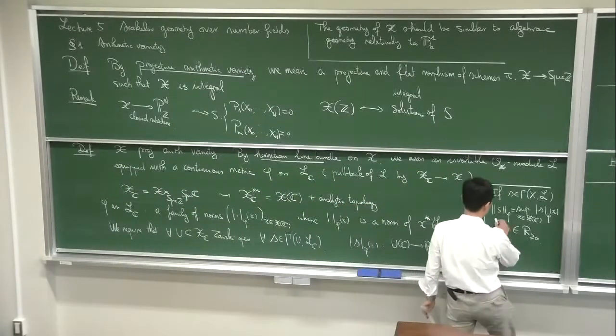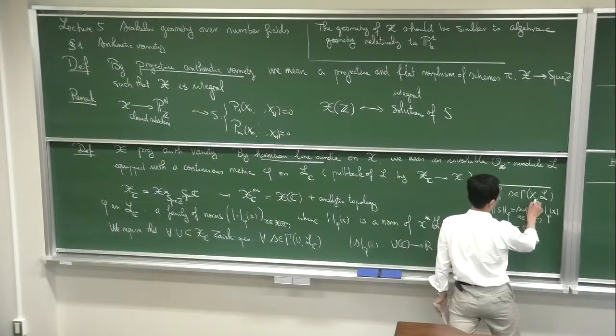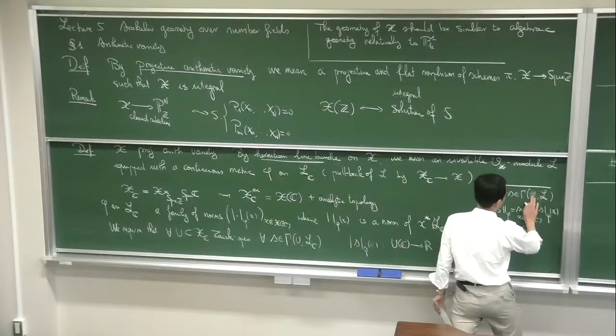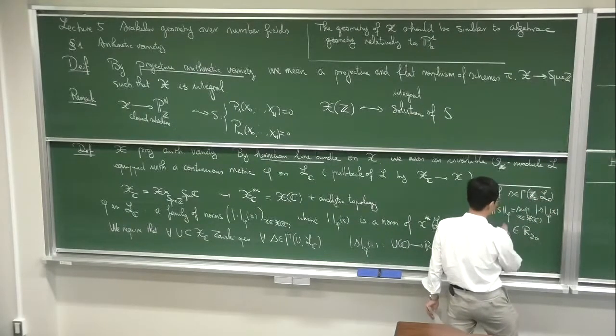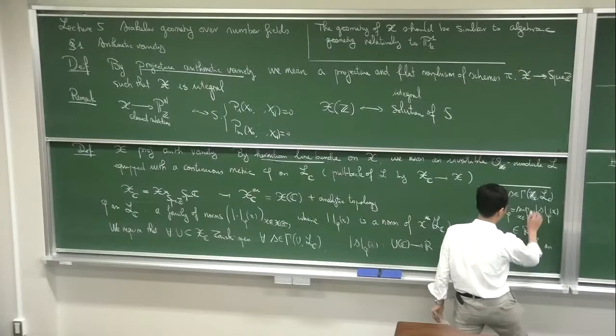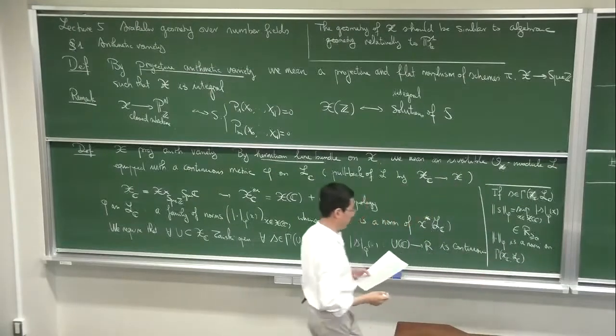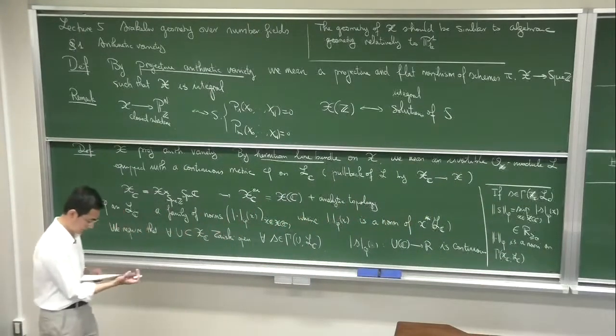So maybe I should write X(C). Now this one is a norm on such a set, Gamma of XC, LC, which is also invariant by complex conjugation.